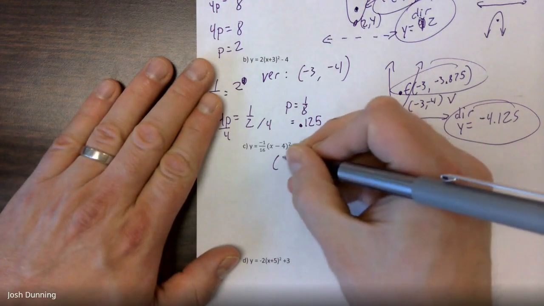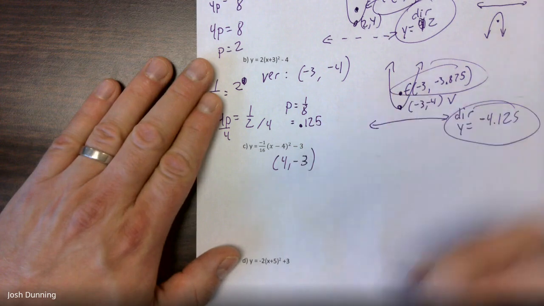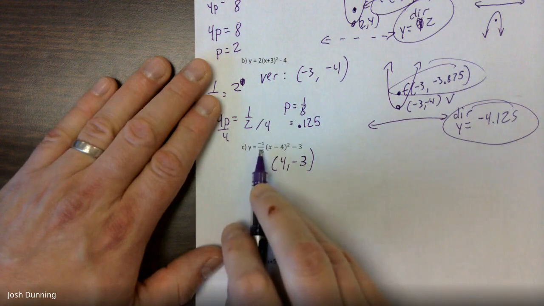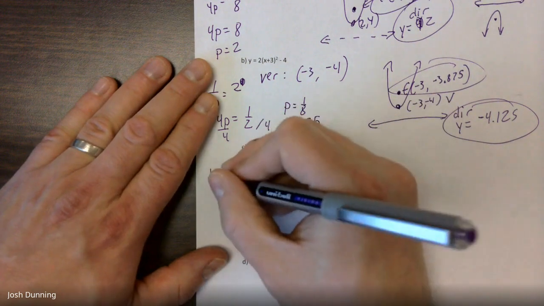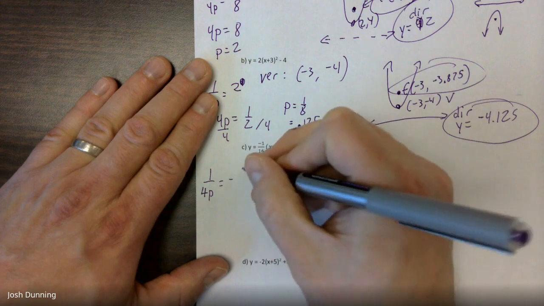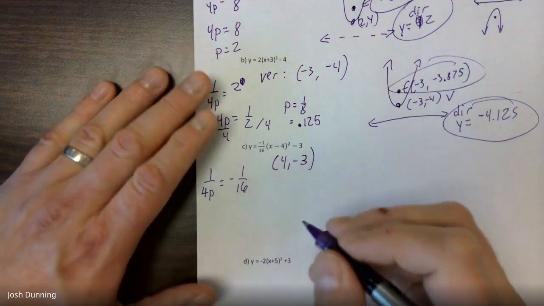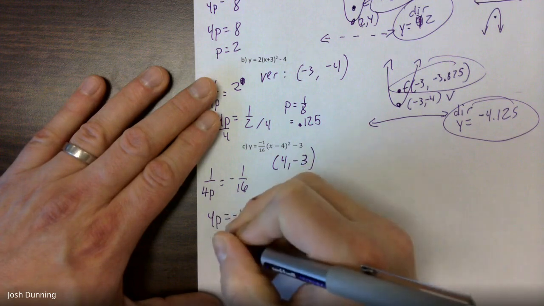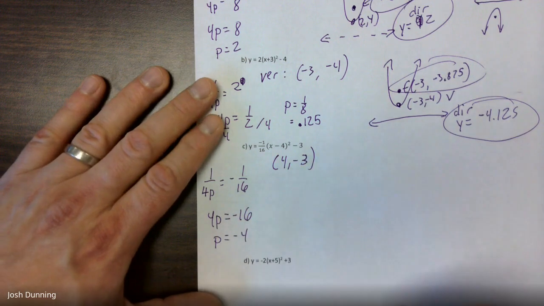16, our vertex is 4, -3. And whatever's right in front, but hey, this time it's negative. So watch what happens. Flip them both over. P is -4.